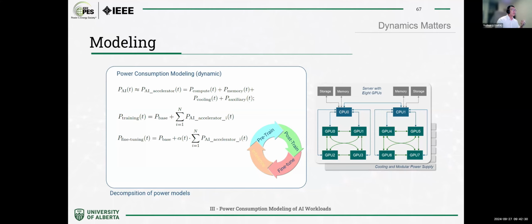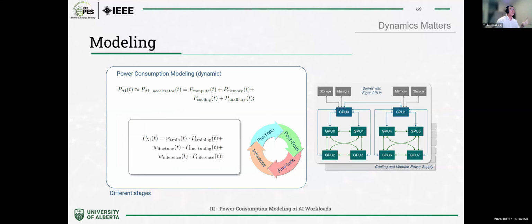We can describe this as a base load plus the computation nodes, multiplied by a time-changing factor that really depends on the algorithm side. Inference is more related to user behavior, so we can basically use a statistical description for that.